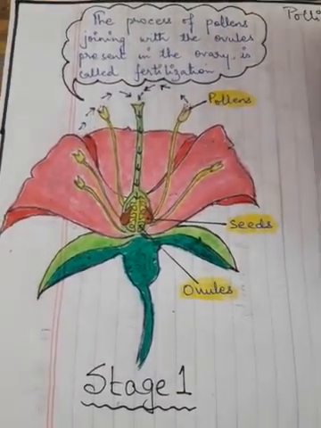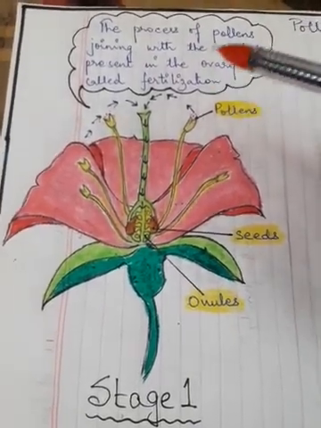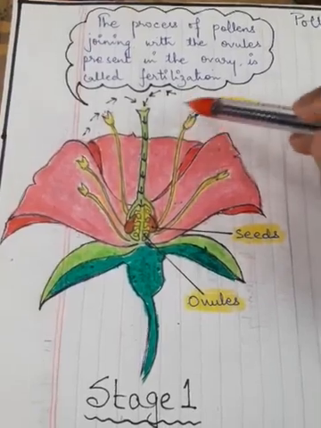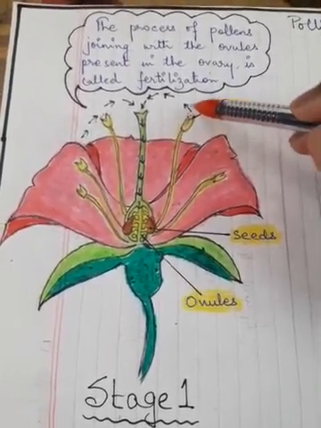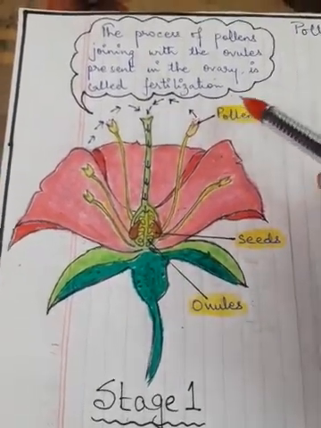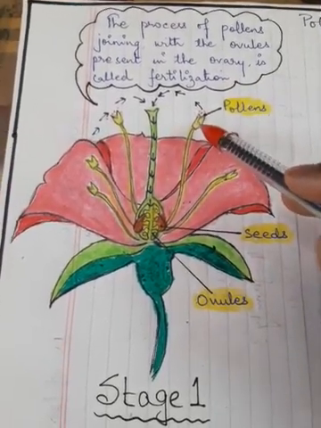Now what is pollination? Pollination is simply the act of transferring pollen grains from the anther. Okay, this is the anther, and these red dust-like particles are pollen grains. This is the top male reproductive part.